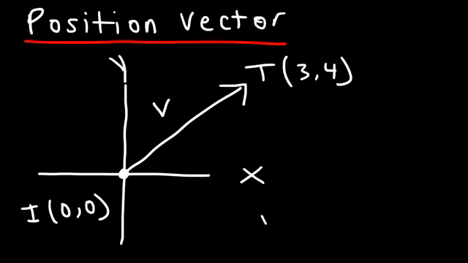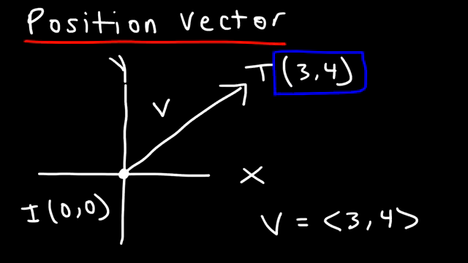But notice that vector v's components are the same as the coordinates of the terminal point. Because if you subtract the x coordinates, 3 minus 0 will still give you 3. And if you subtract the y coordinates, 4 minus 0 will still give you 4.